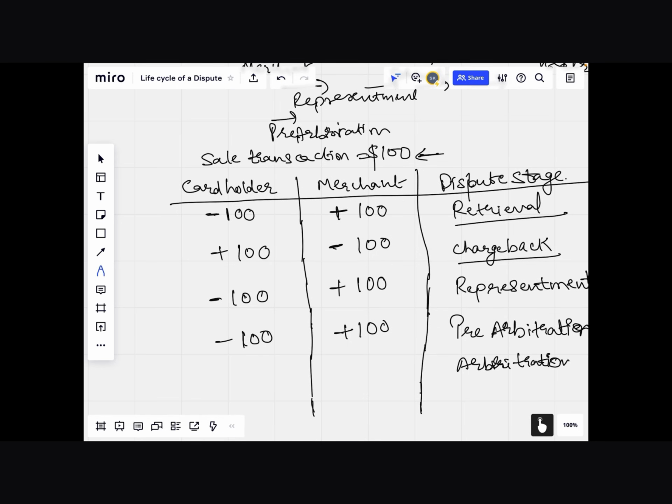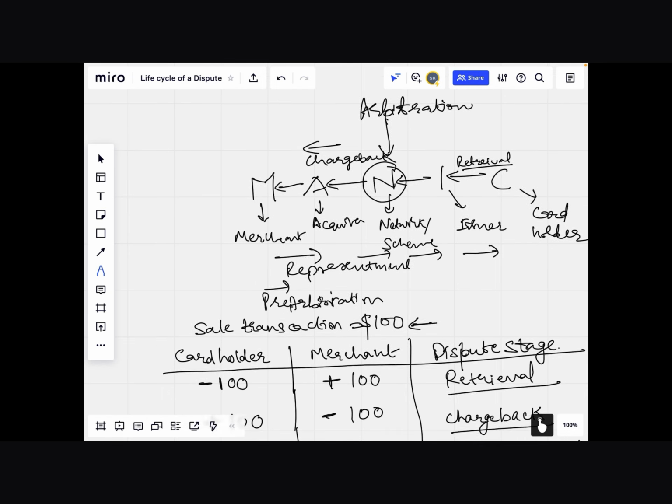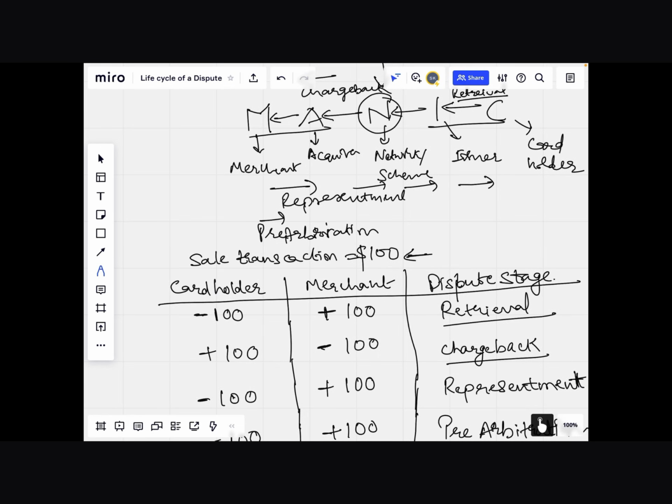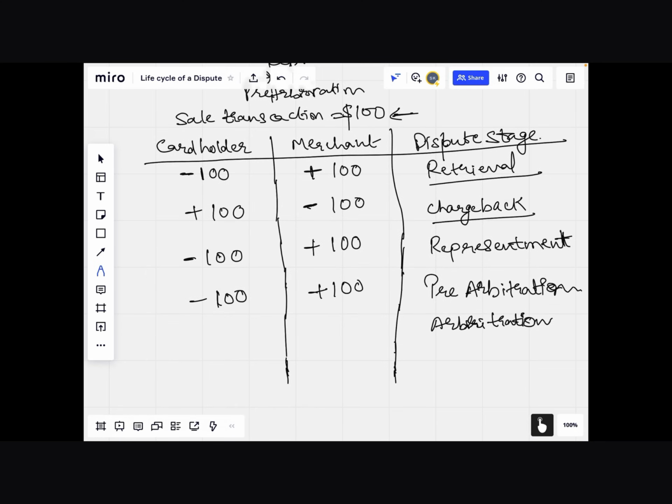This is the final stage where the decision now lies with the network. This is the sole authority now at the arbitration. So now at the arbitration, all the parties, the acquiring side and the issuing side, look up to the network and say, Boss, now you have to decide and let me know the final decision.